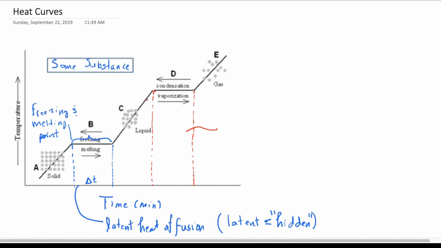The liquid, when it gets to this temperature, whatever it is, stays at that temperature as the particles are vaporizing, as they are moving towards becoming gas. As those particles are moving towards becoming gas, the temperature stays the same.